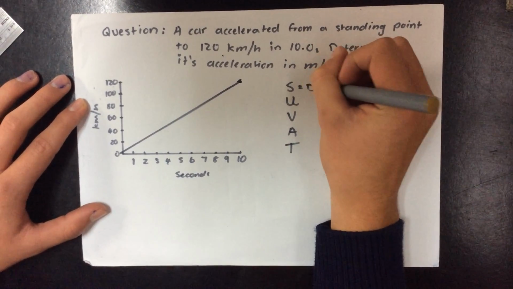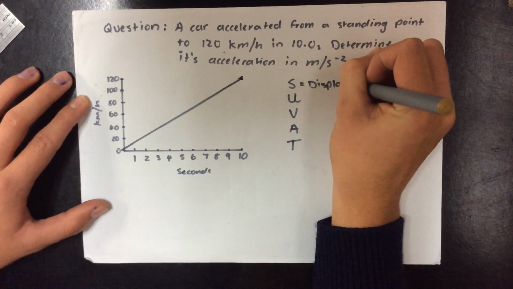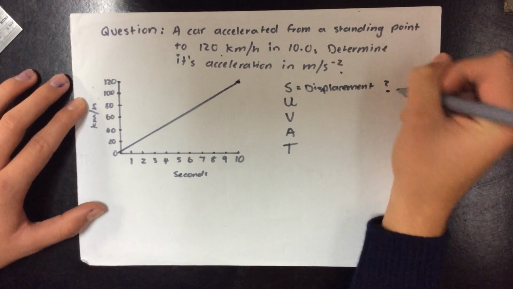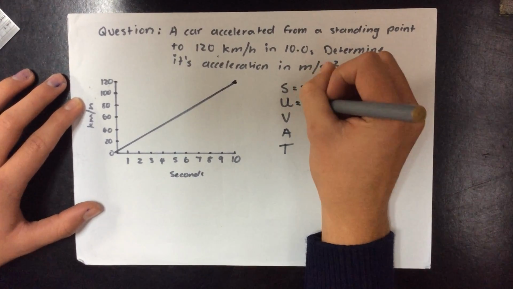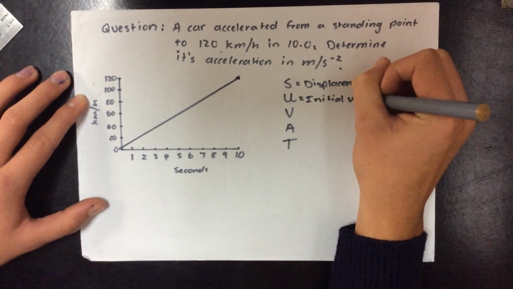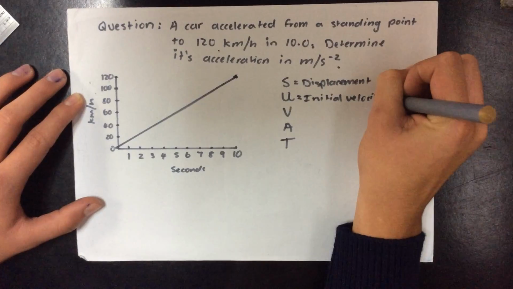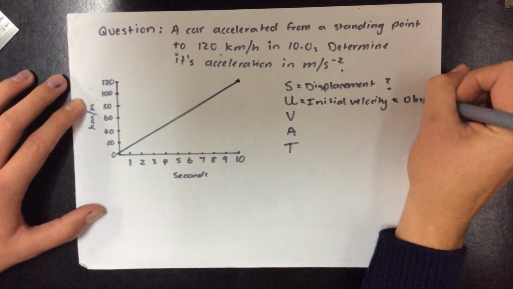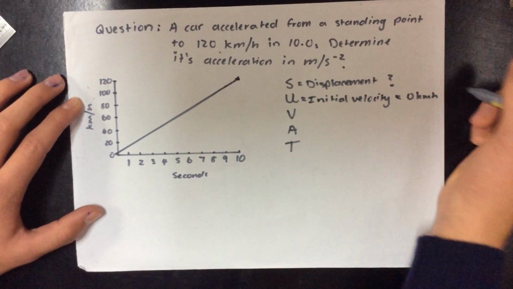S would be displacement, which we don't know. U will be initial velocity, and we know that it's 0 kilometers an hour because you're starting at a standing point.